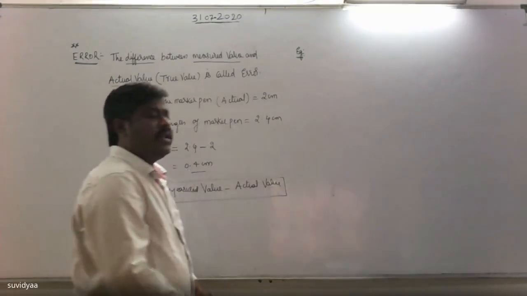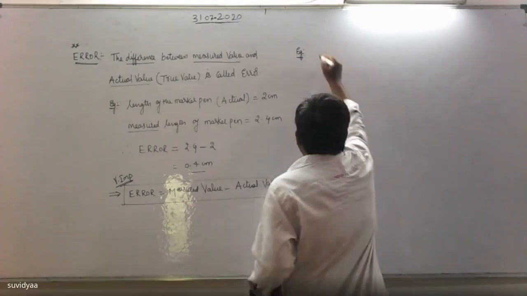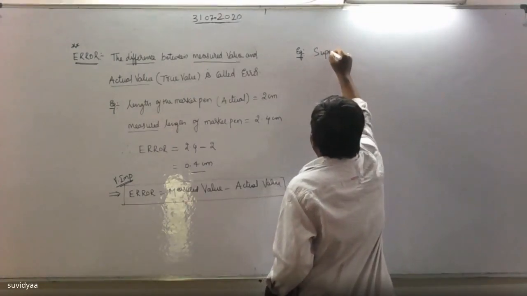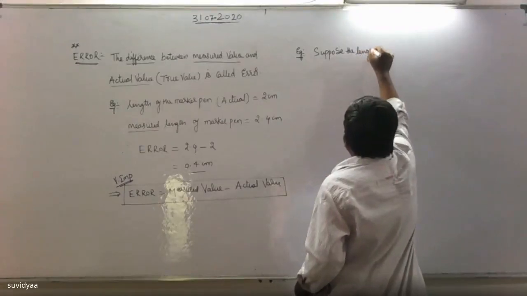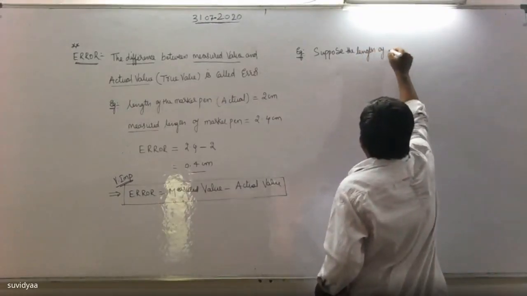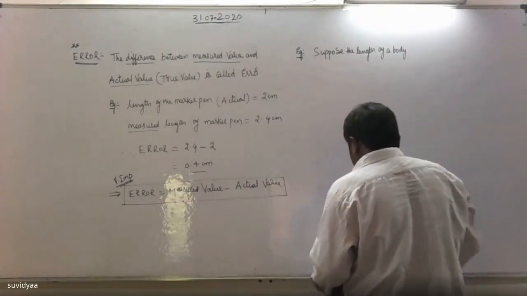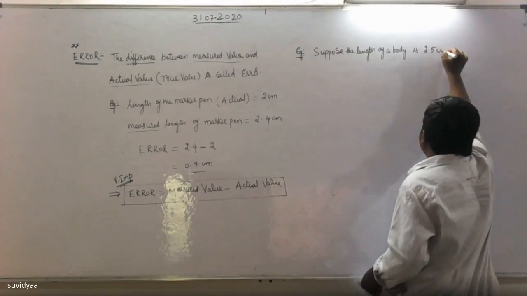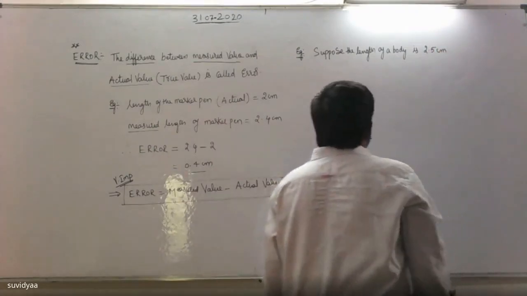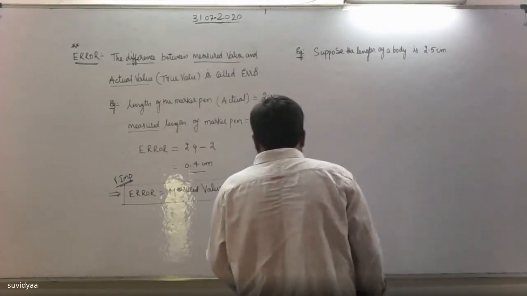For example, suppose the length of a body is 2.5 centimeter.